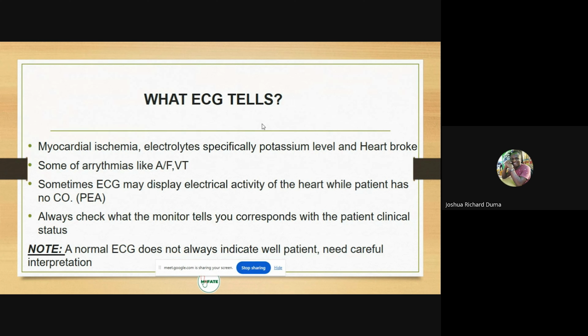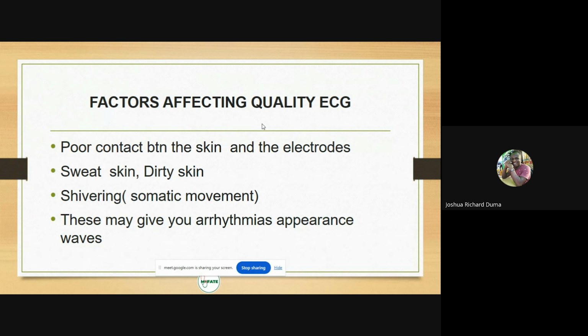Next. Okay, next. So once the patient is connected to the ECG machine or the monitor, there are different factors that can affect the quality of the ECG. You need to see a clear picture of the rhythms.